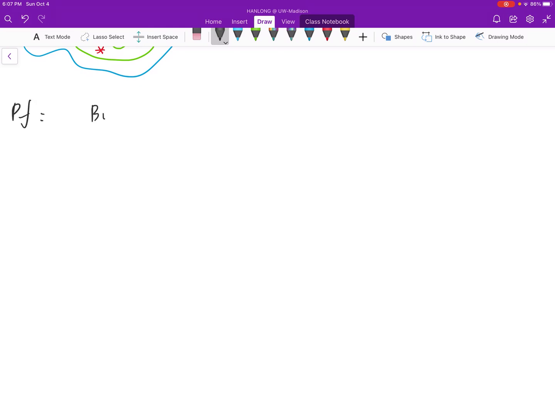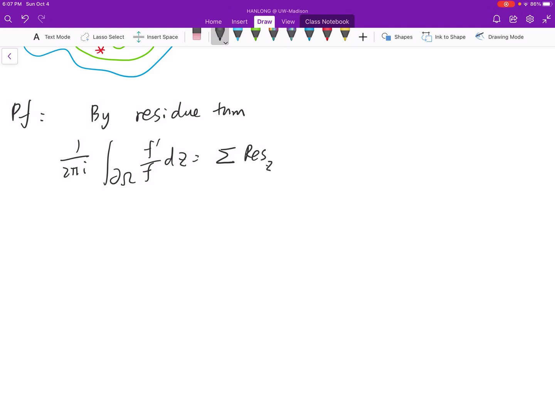So by the residue theorem, the integral equals the summation of the residues at z equals a_j, the a_j inside, of f prime over f.